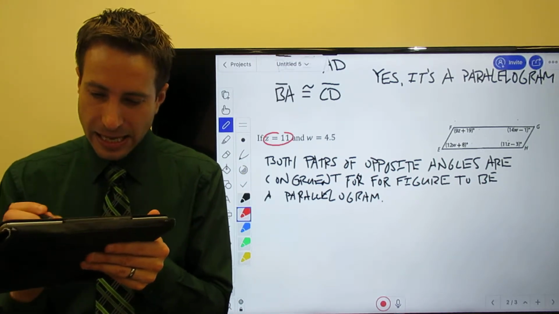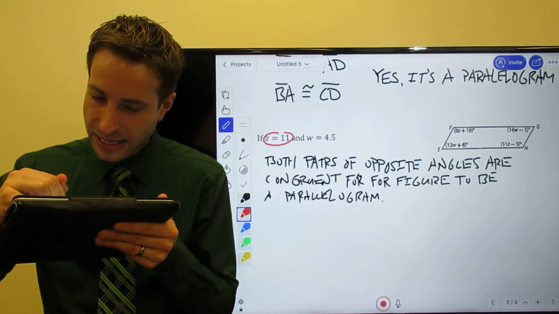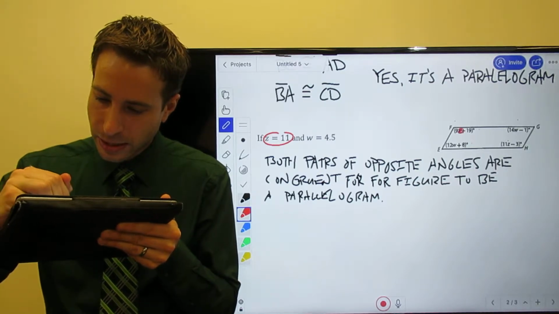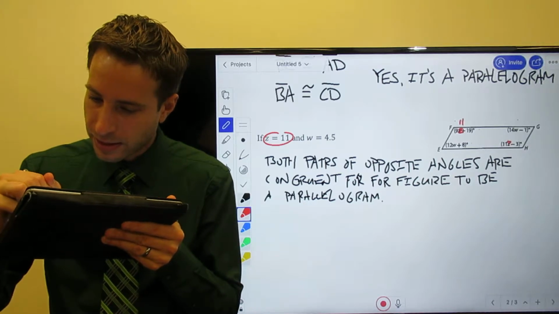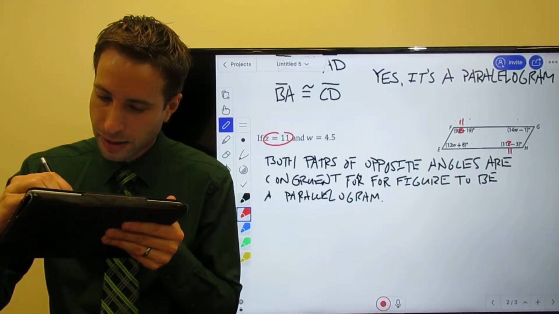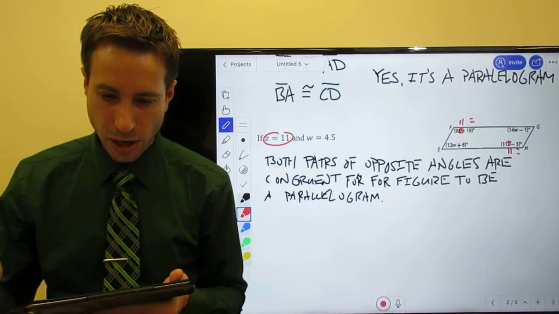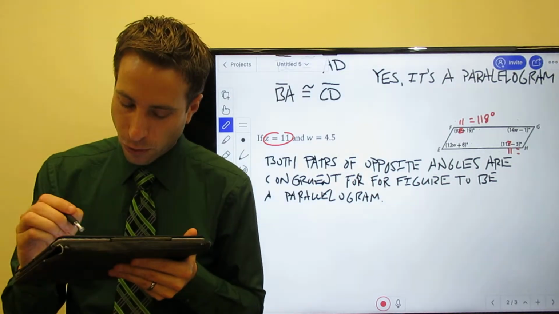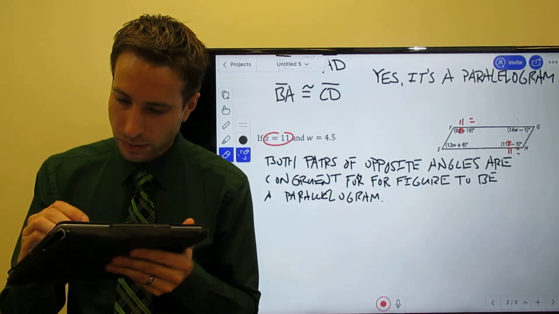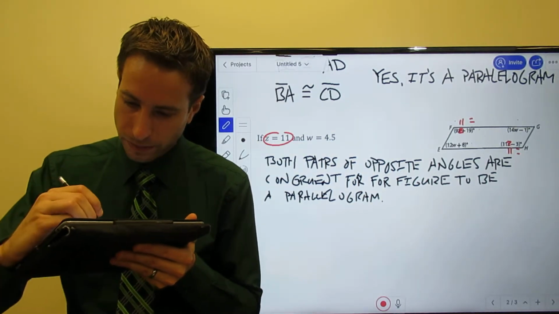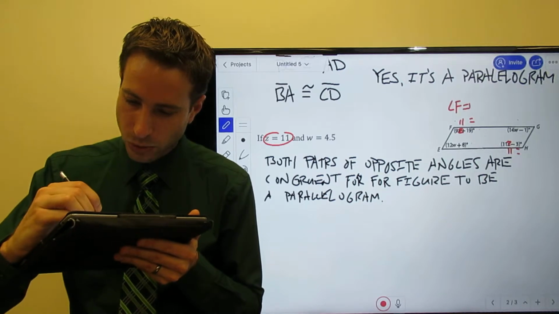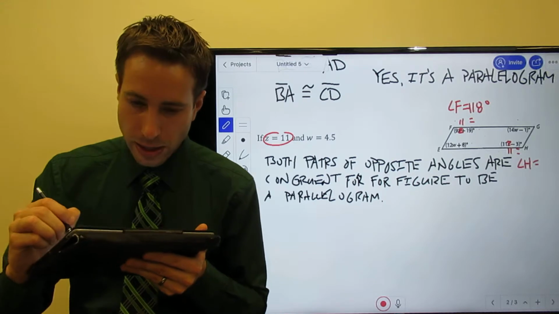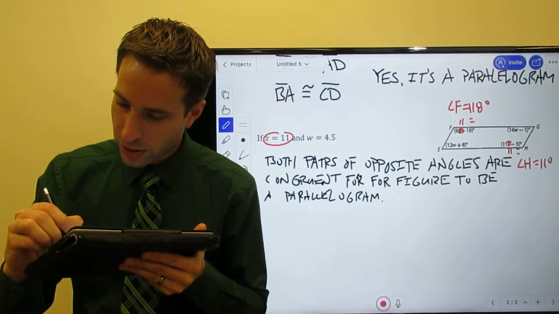I know that z is equal to 11, so everywhere I have a z, we're going to plug in an 11. Plug and chug. Don't fat finger something on your calculator. I wind up with 118 degrees for angle F, and angle H equals 118.